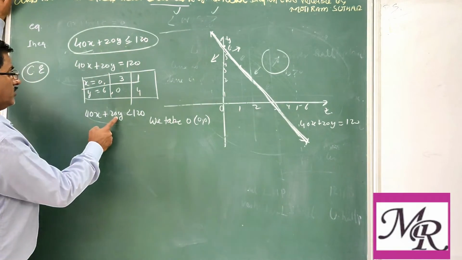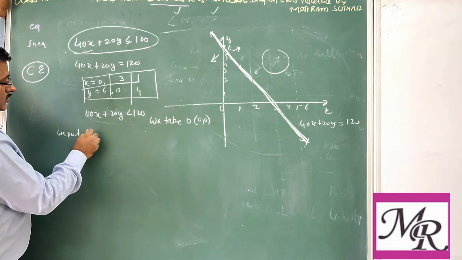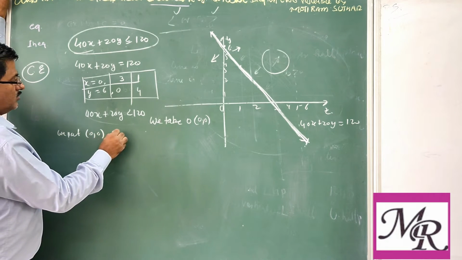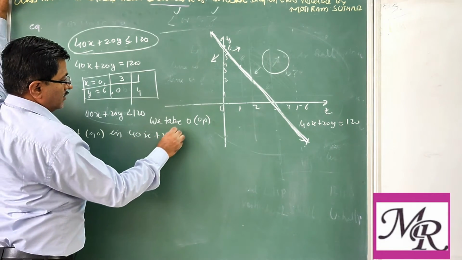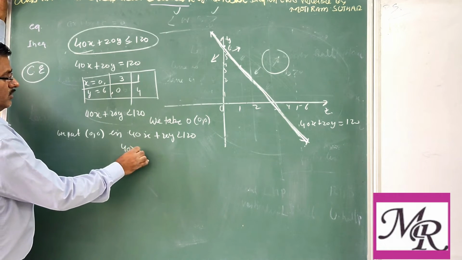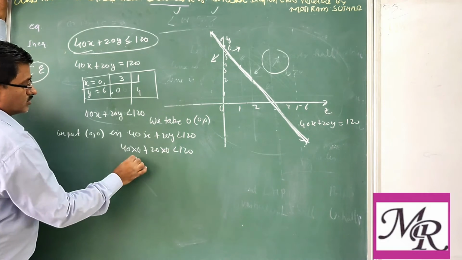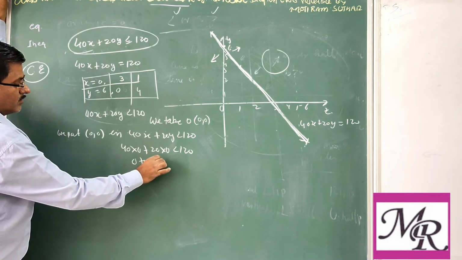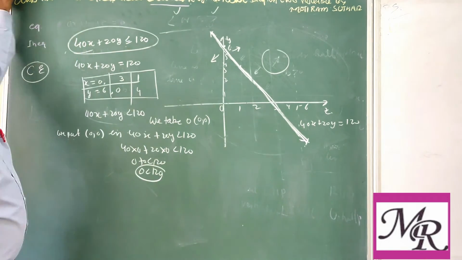So here we put (0, 0), meaning x = 0, y = 0, in the inequality less than 120. So 40 into 0, 20 into 0, so 0 plus 0, 0 less than 120. Is this true or not?